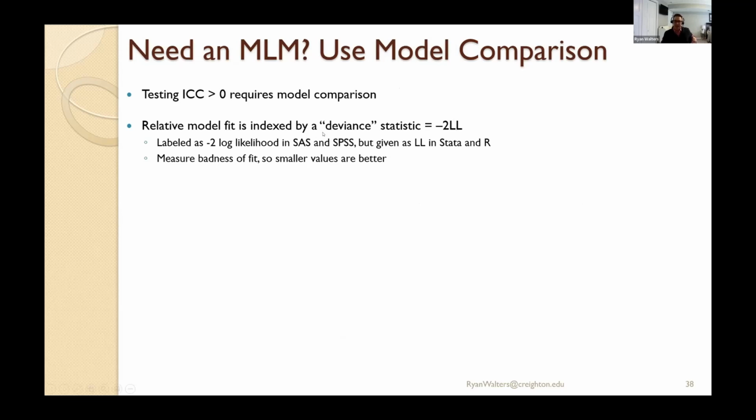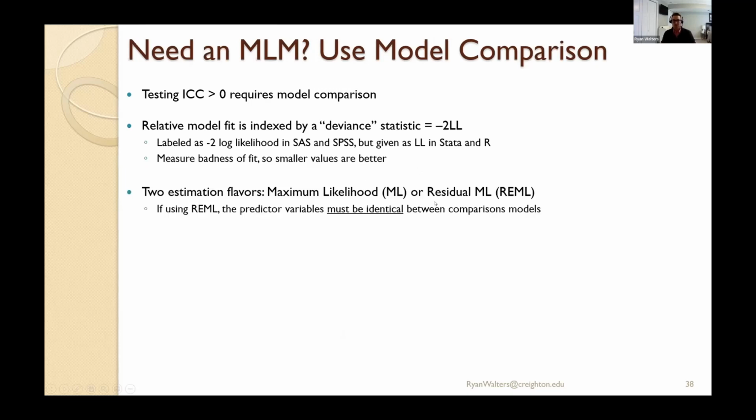In SAS and SPSS, it's given as our -2 log likelihood, or -2 residual log likelihood if we're in REML, but it's given as log likelihood in both Stata and R. That means if you're not using within-software code to conduct this deviance difference test, or likelihood ratio test, for model comparison, you're going to have to multiply the log likelihood from Stata and R by -2. Once you have your -2 log likelihood, smaller is better. The question becomes, how much smaller can it be? I don't want to dive into estimation too heavily.